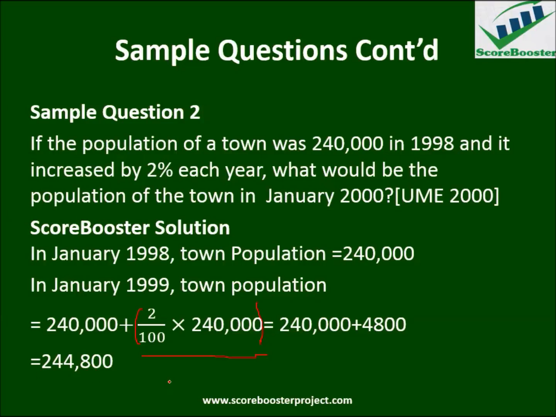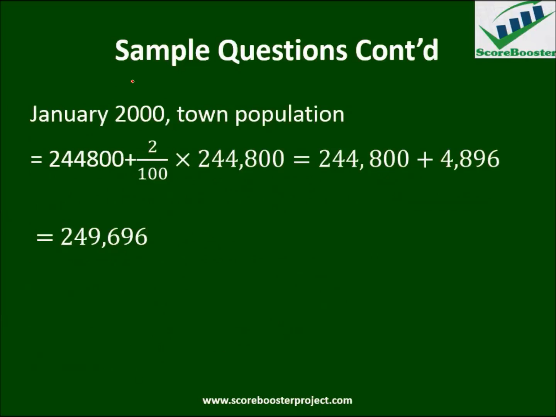So the population in January 1999 is 244,800. Now we are asked to determine the population in January of the year 2000. Note that we've taken January here since it was stated in the question that we were asked to find the population in the month of January. So we start our year also from January each year. In the year 2000, the town population will be the population of the town in January 1999 plus 2% of the town population in January 1999.